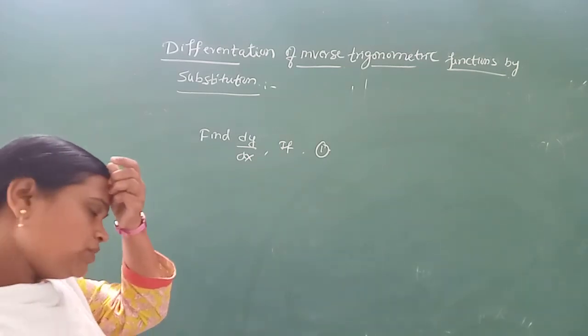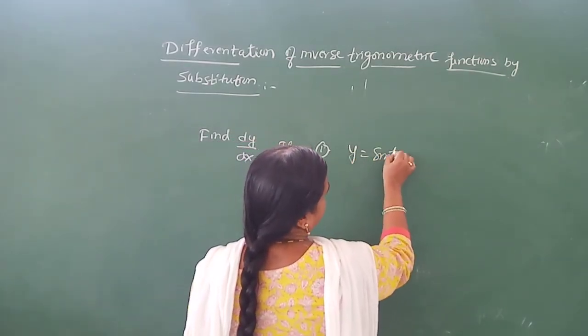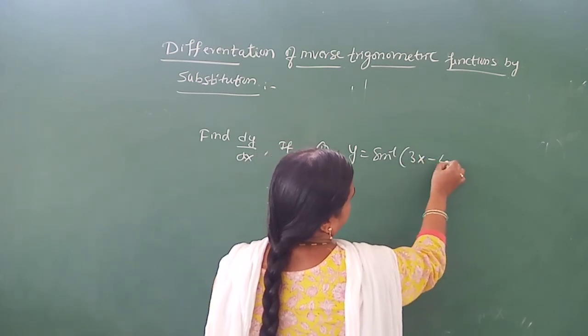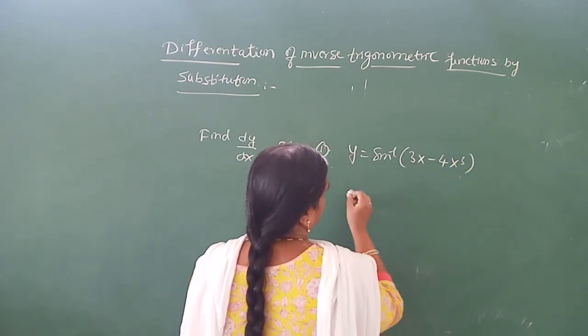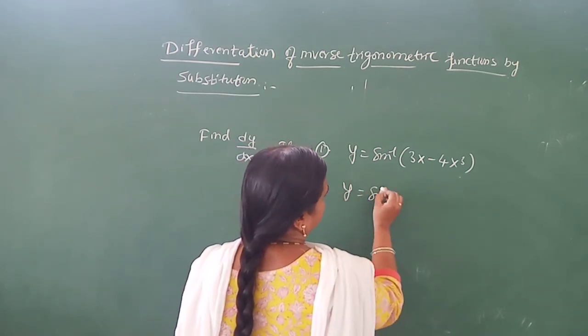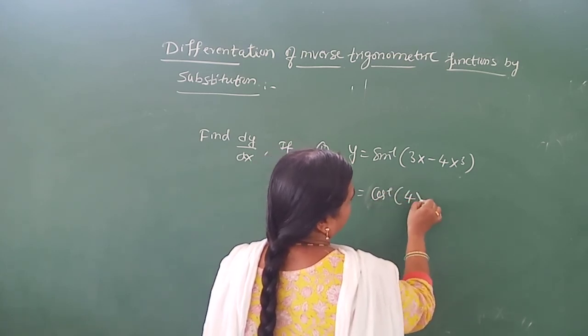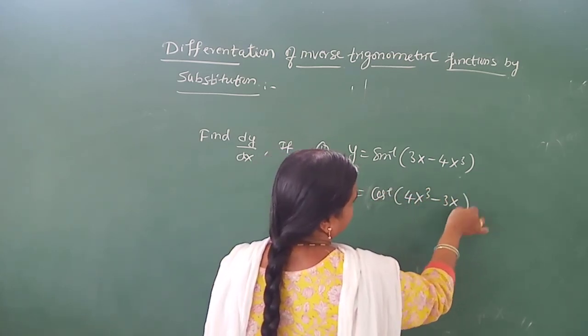First one, y is equal to sin inverse of 3x minus 4x cube. Second example, cos inverse of 4x cube minus 3x.